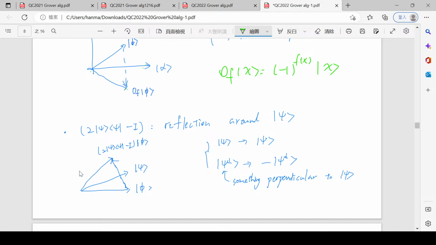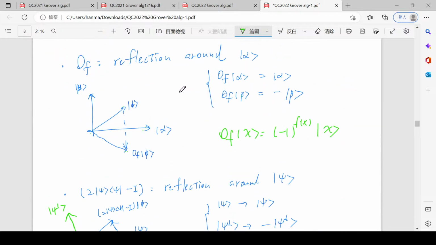You can think similarly: if you are thinking about this 2D plane, then you have psi and you have something perpendicular to psi. The psi component will stay the same, and the perpendicular component will get a minus sign. This was already calculated up there when we talked about the third step. And so it will be a reflection around this side. Question? I've been talking about this many times. Hopefully you are very, very familiar now.